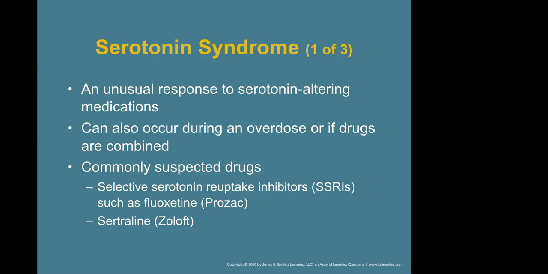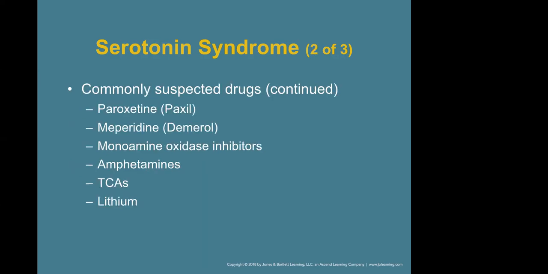These can also happen if you've ever been to, what do they call them now, Skittles parties where everybody takes a bottle of pills, they put them in a bowl and everybody just takes a handful of them. That happens with these as well. Paxil. Demerol is not on the market anymore because of this and a bunch of other reasons, because Demerol is a terrible medication. Amphetamines, TCAs, which are your Elavils, and lithium.